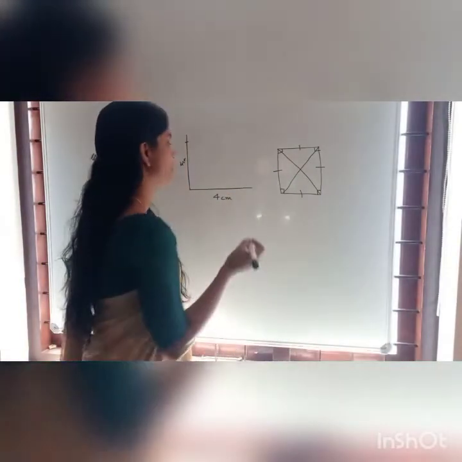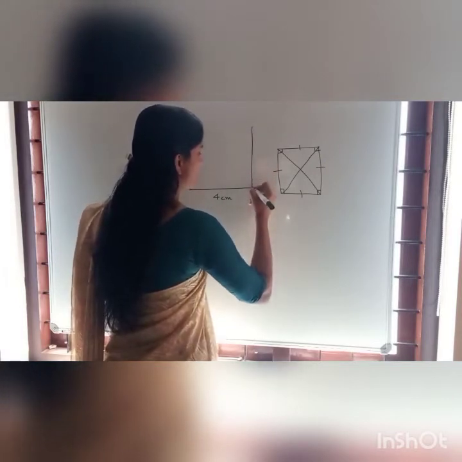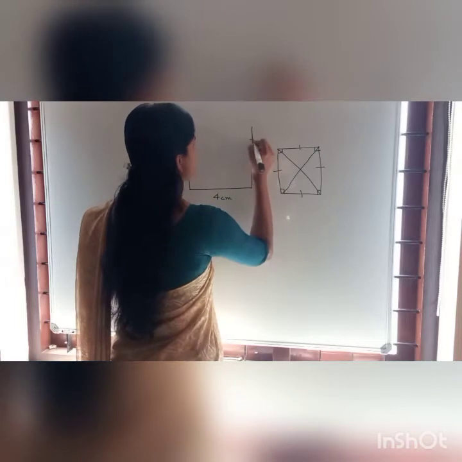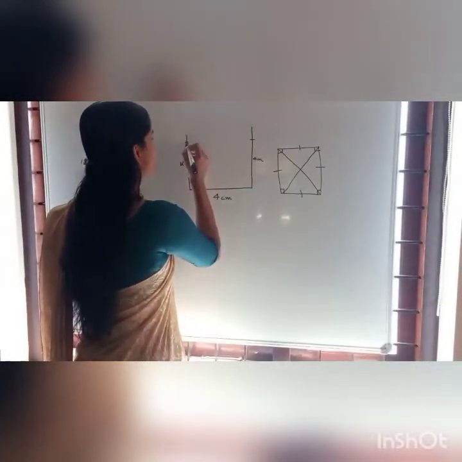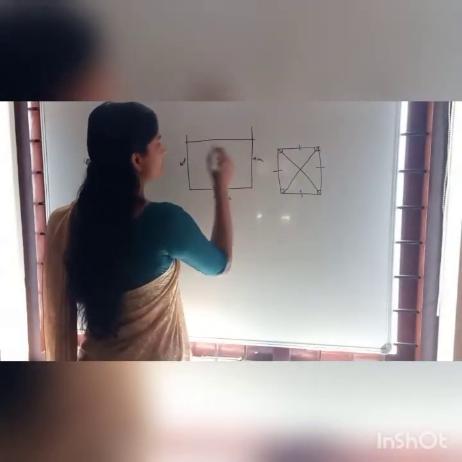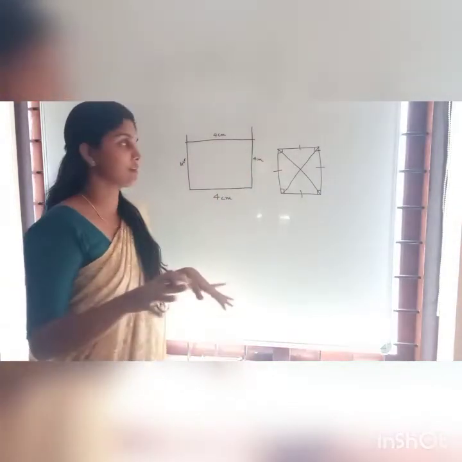Now similarly draw another line from the other end of the line and mark 4 centimeters. Now join the marked points. Thus we get a square. This will be 4 centimeters on each side.